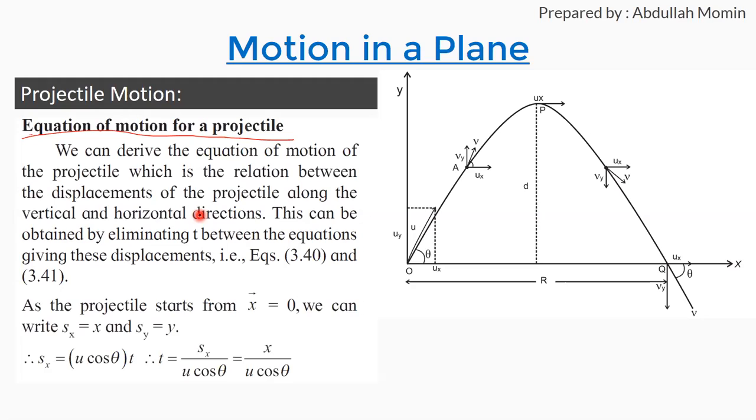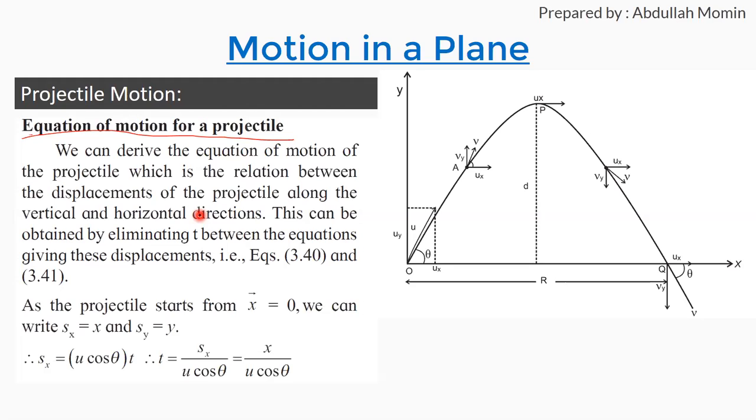Now the displacement along the y-axis. Along the y-axis the acceleration is going to act. So we are going to use the kinematical equation s is equal to ut plus half at square. So along the vertical direction, the displacement s is y. The initial velocity uy can be written as u sin theta.